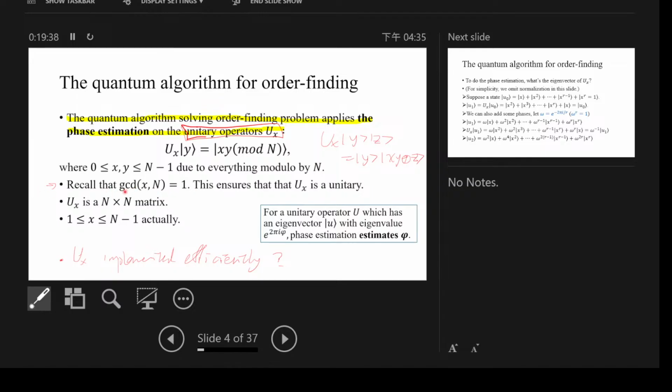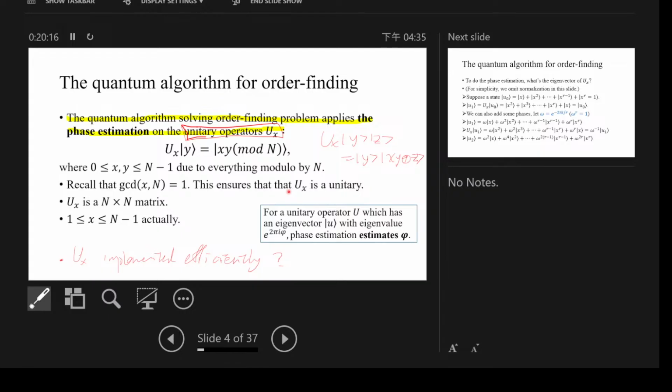GCD(x, N) equal to 1 ensures that. So that's our unitary here, the multiply-by-x unitary: on some computational basis state y, you get xy, and everything is mod N. So x and y are numbers between 0 and N minus 1, and we are doing everything mod N.